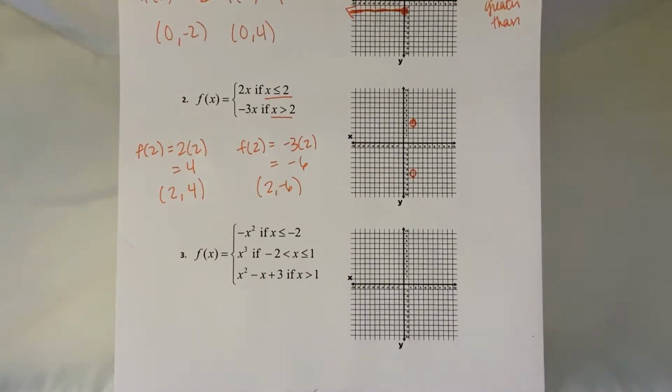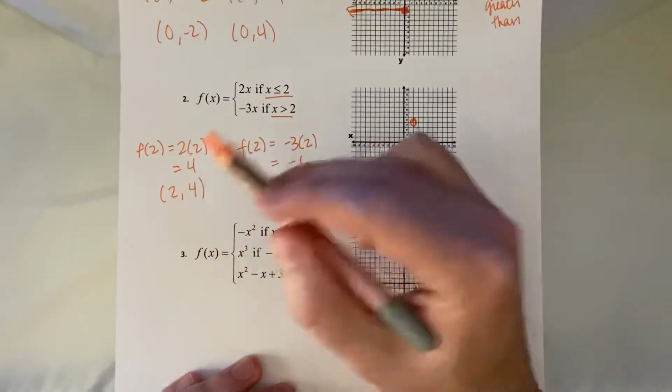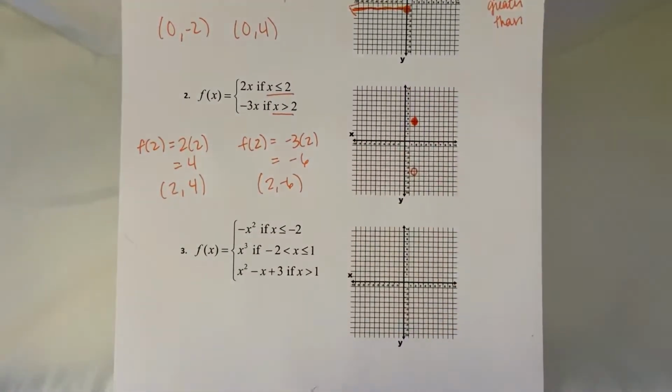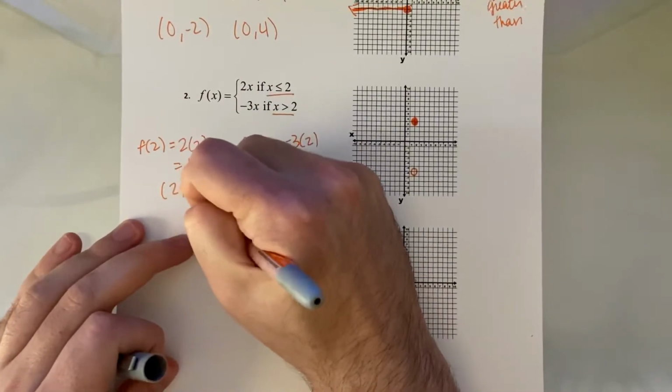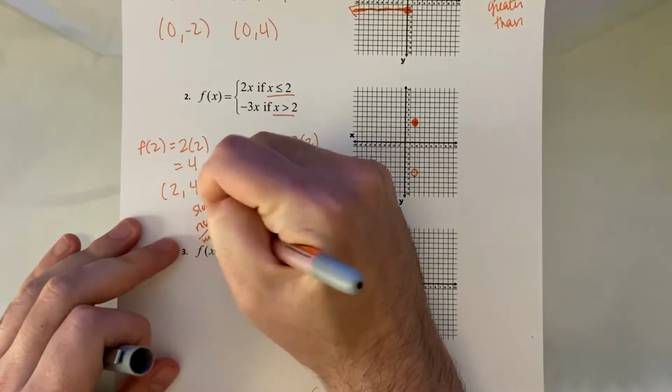Which one of these has the equal to sign? It's x is less than or equal to 2, which is the first function, so we shade 2, 4. Let's go to the left. We know that this function, f of x equals 2x, has a slope of 2. It's a rise over run of 2.